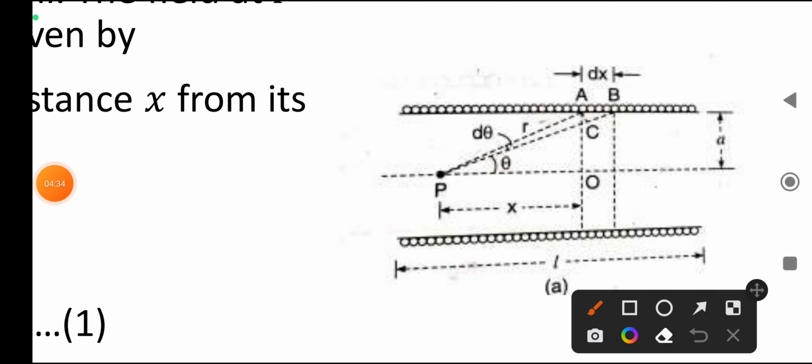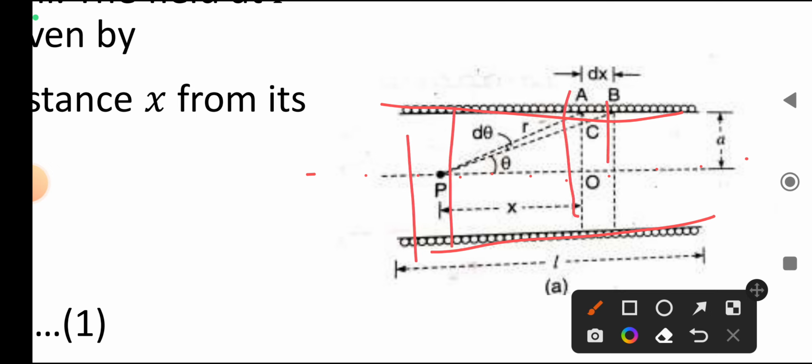See, it is a solenoid. The inner part is shown, and the axis passes through the center of the solenoid. Here many pieces are divided. Among them one piece is taken here, at a distance; let one point P be on the axis, and this piece is at a distance x.